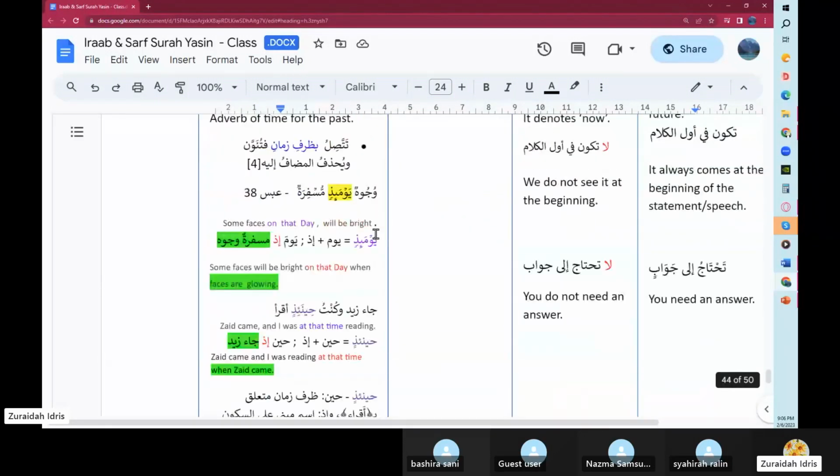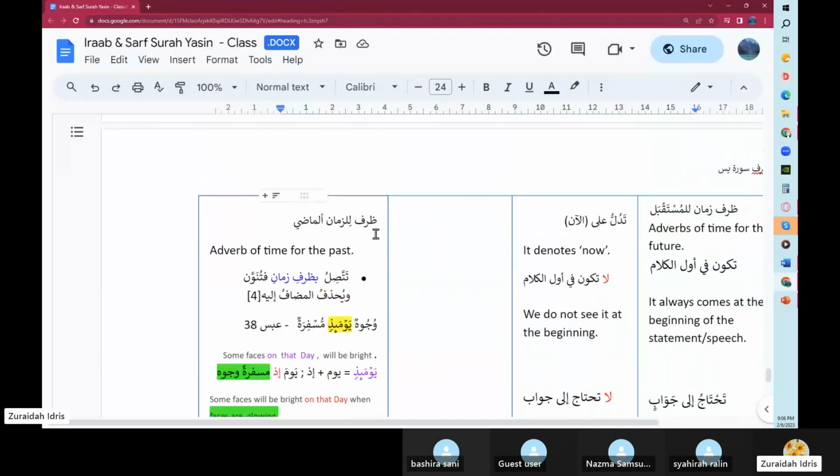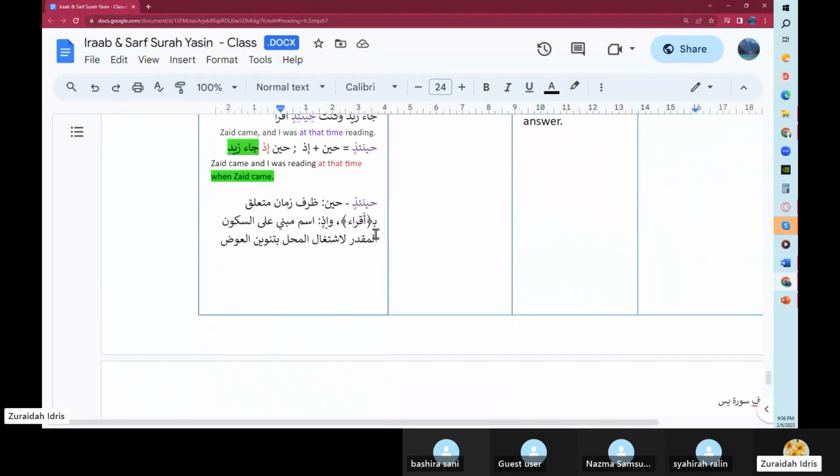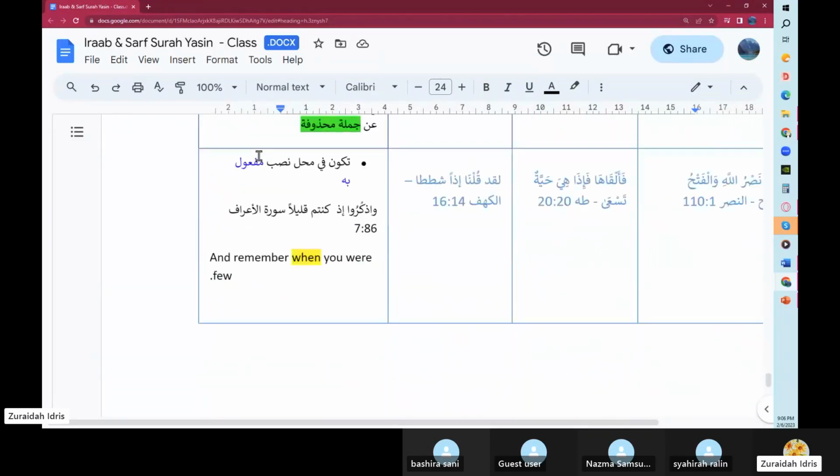Okay, so here we talked about idh being used as a zarf zaman. Here we look at it as a maf'ul bihi. Now, why is idh a maf'ul bihi here? Remember when you were few. This is an example, and basically what the question is answering.